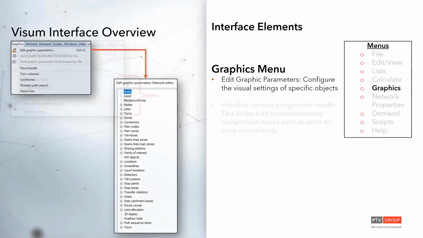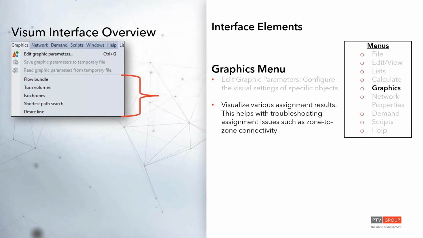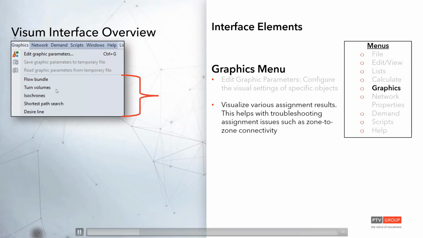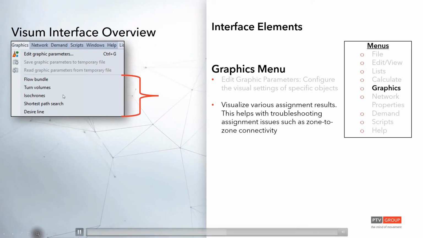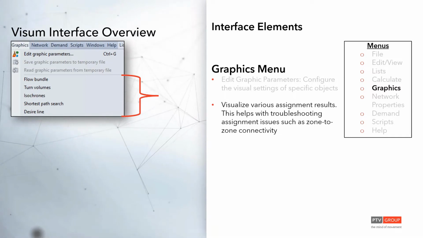And then there are also various other visual features or operations that this menu item gives you access to. Flow bundles are if you want to perform a select link analysis, or you want to draw isochrones, or do a shortest path search. So you can access all those operations from the graphics menu item.